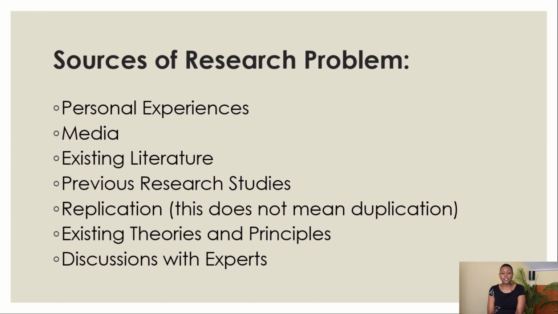In any library where we have theses and research projects, the last chapter of a project or a thesis is suggestions for further research. That area may be a source that you can pick and develop your research problem.